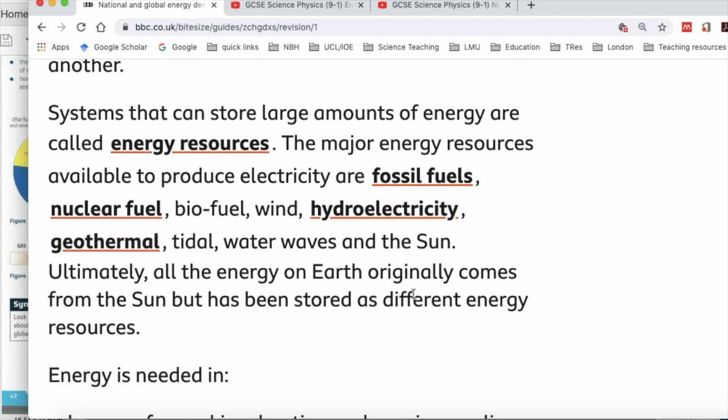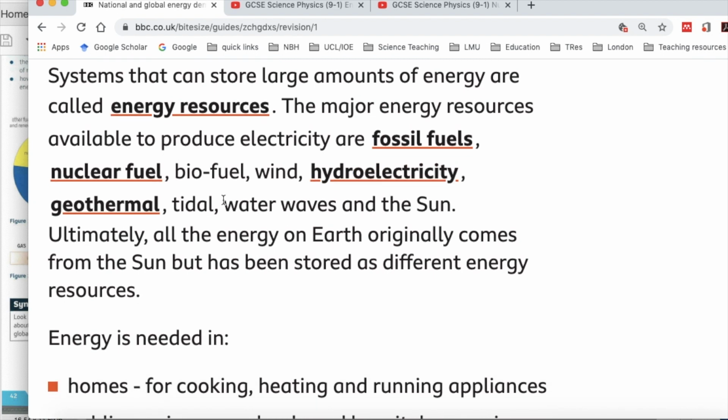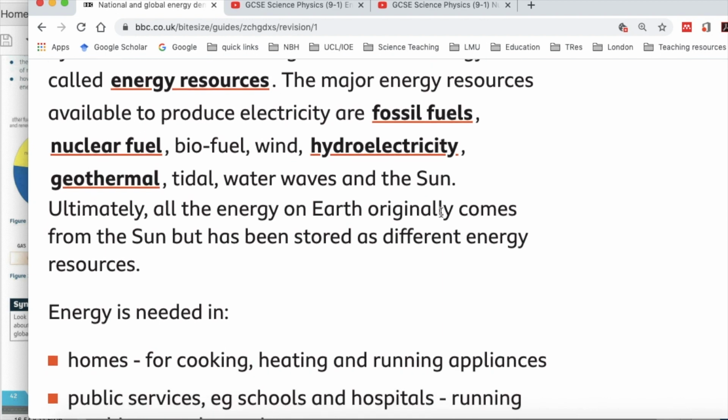By the end of this topic, you should be confident to talk about the energy resources, what the positives and negatives are, what renewable energy is, what finite energy is, and what you can say about nuclear fuel, geothermal, hydroelectricity, biofuel, wind power, tidal, water waves, or how you use the sun and solar energy.